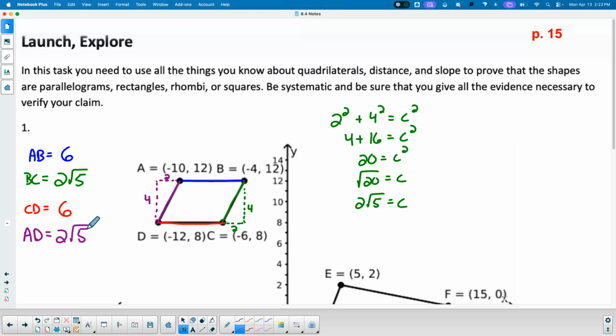Do I have so far the classification for a parallelogram? Yes. Yep, with side lengths, I'm good. Now I got to figure out slopes, right?